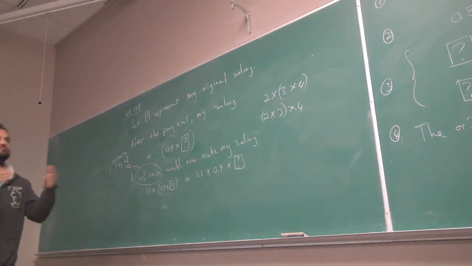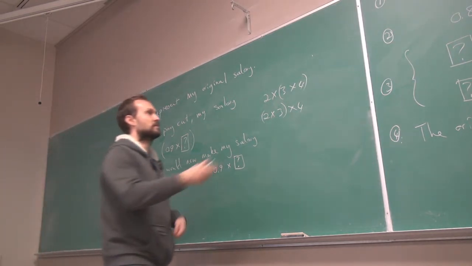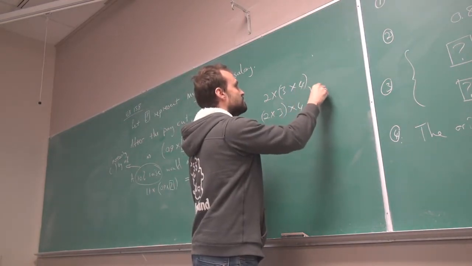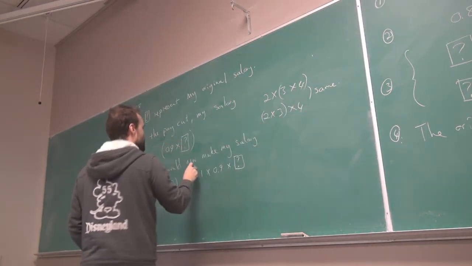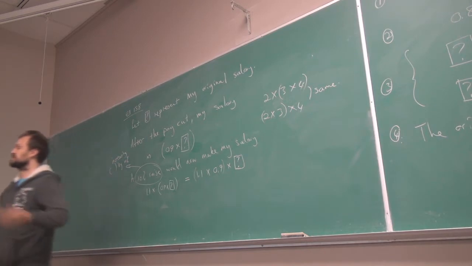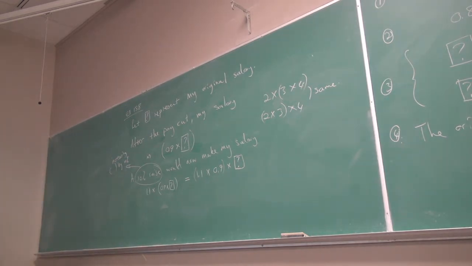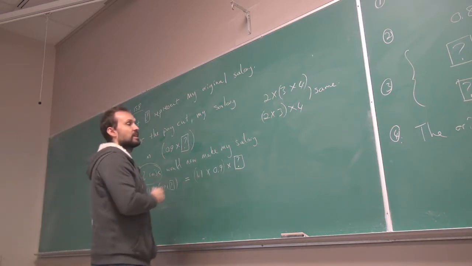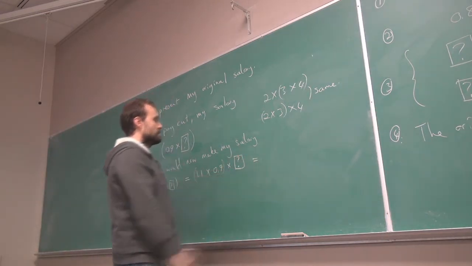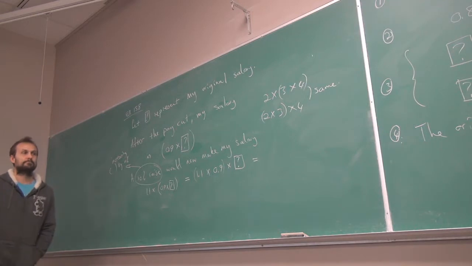No, it's the same. I can pair them up as I want to, right? It's the same. So that's all I'm doing here. I'm going to pair these up first, because they're numbers I can actually put together. Question mark, I don't know what it is. Who knows? I can put these together at least. And what would I get? 1.1 times 0.9.